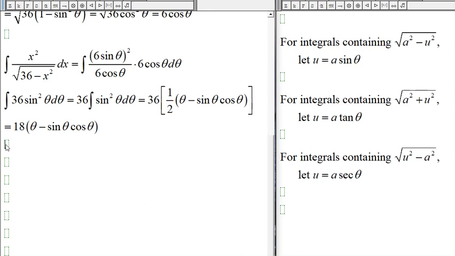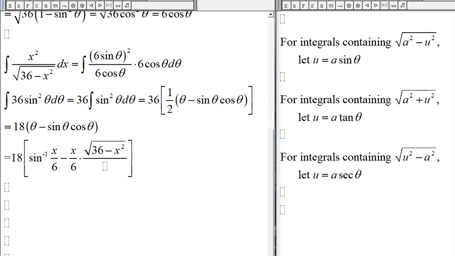Now we can write this in terms of x, so this becomes 18 times sine inverse of x over 6, and then minus sine theta, which is x over 6, and then cosine of theta, which is the square root of 36 minus x squared divided by 6, and then plus C.